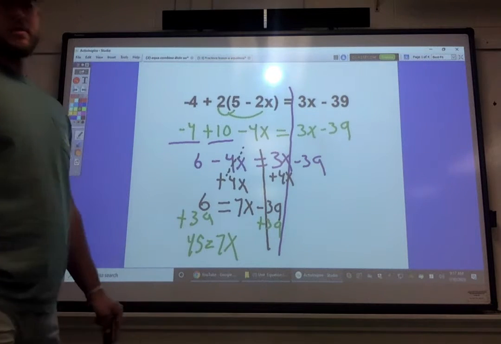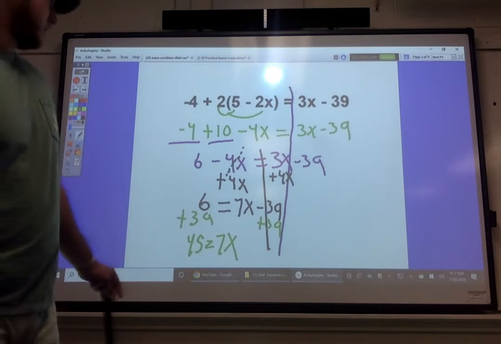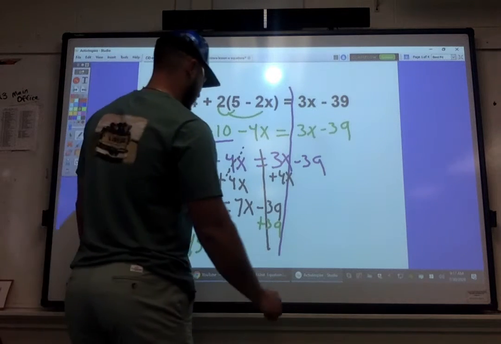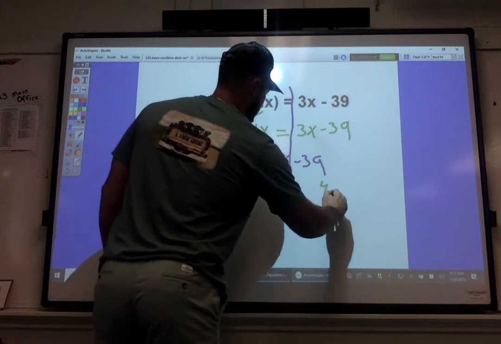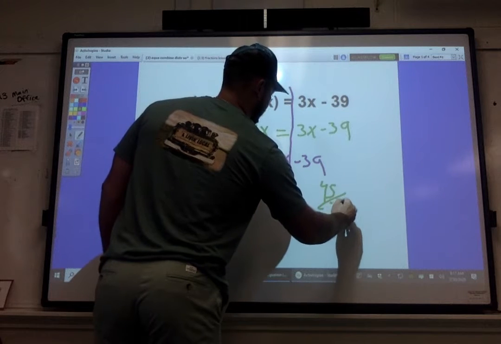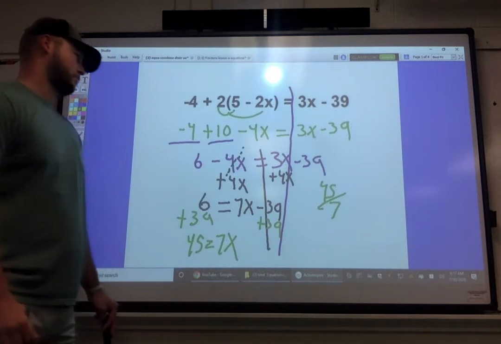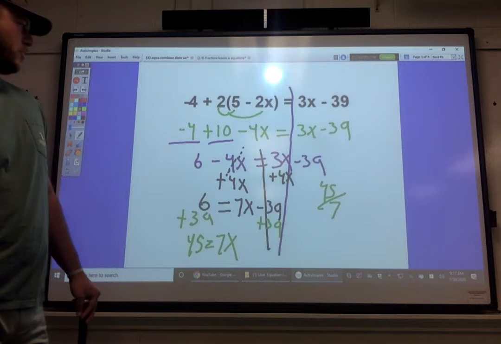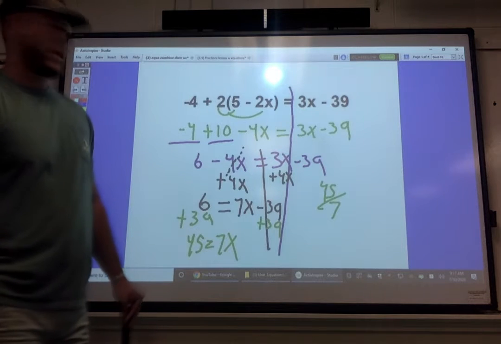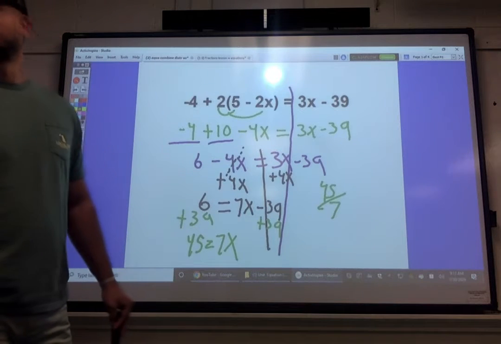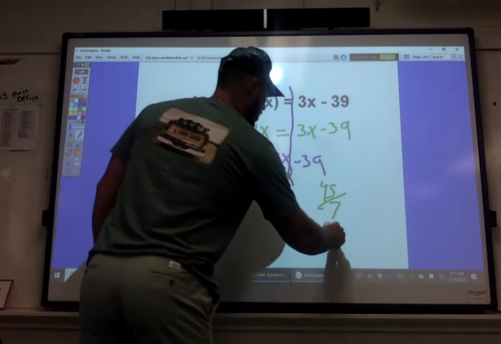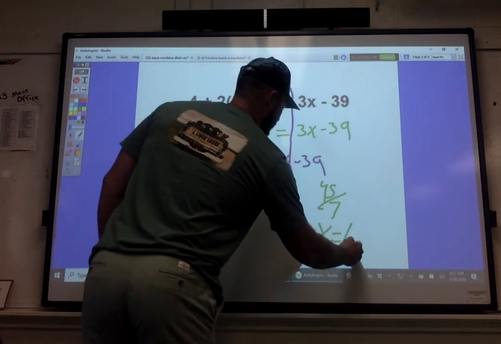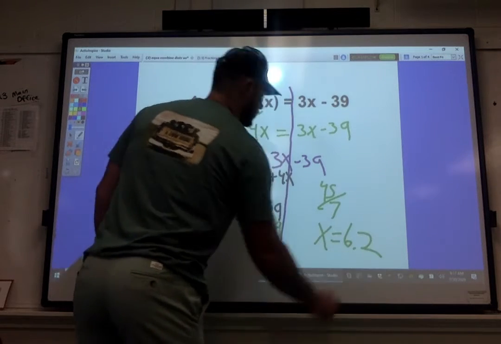To get x by itself, I would simply divide. So now I'm going to say 45 divided by 7. Obviously, that gets you a decimal. You're looking at about 6.28. Sounds close enough. We'll call it 6.2. We're not being precise. We're just going through the process. Just showing you the process.